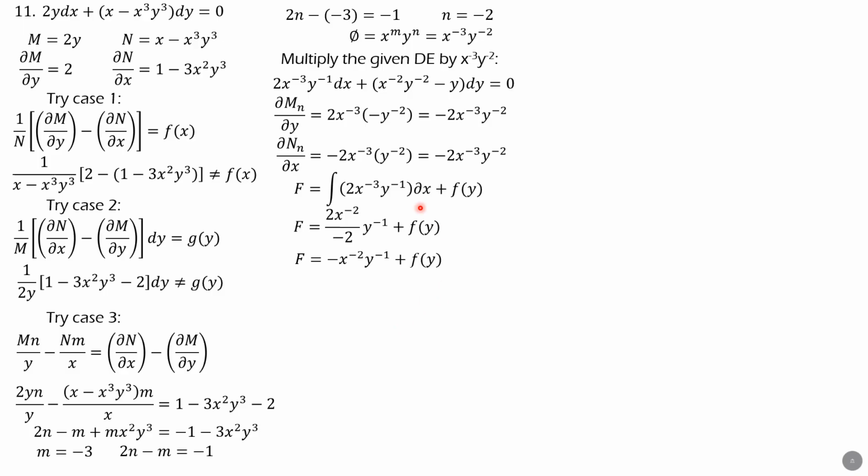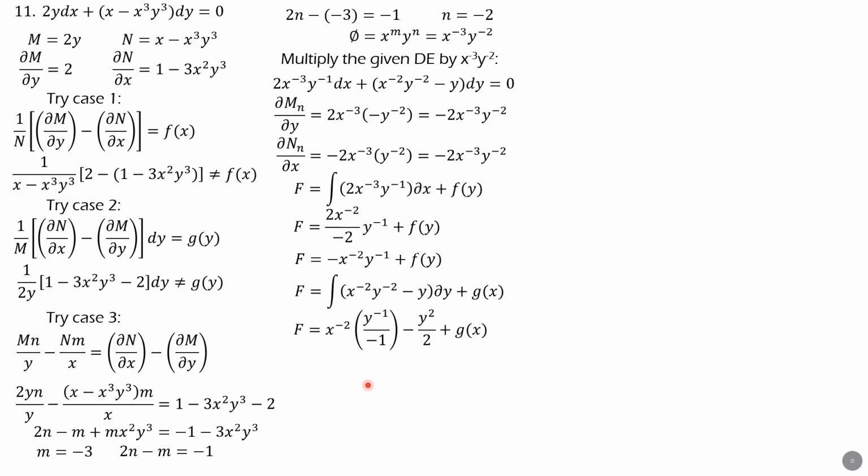The other form of the solution is integral of this expression, partial y plus g of x. So the variable here is y, so that means x to the negative 2 is constant. So x to the negative 2, y to the negative 1 over negative 1 minus y squared over 2 plus g of x.